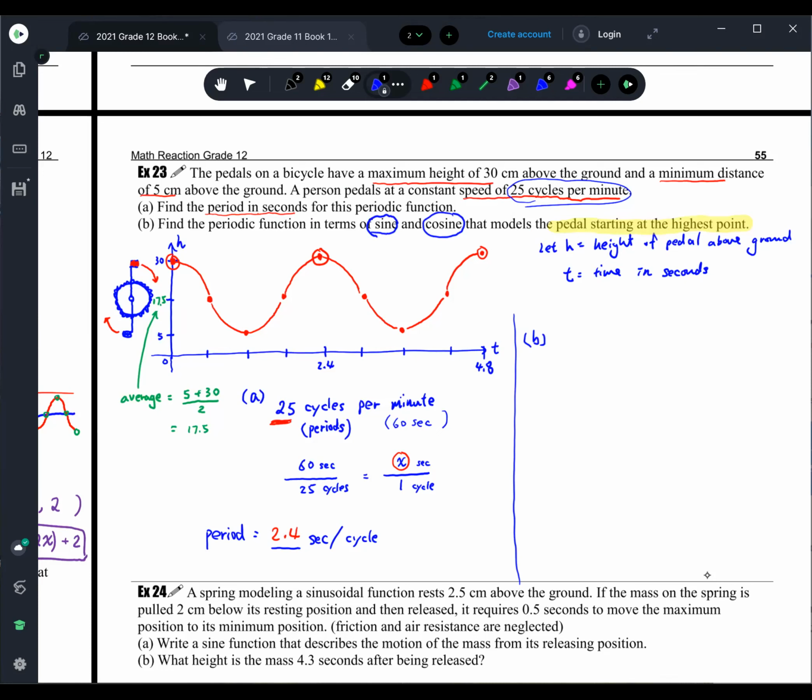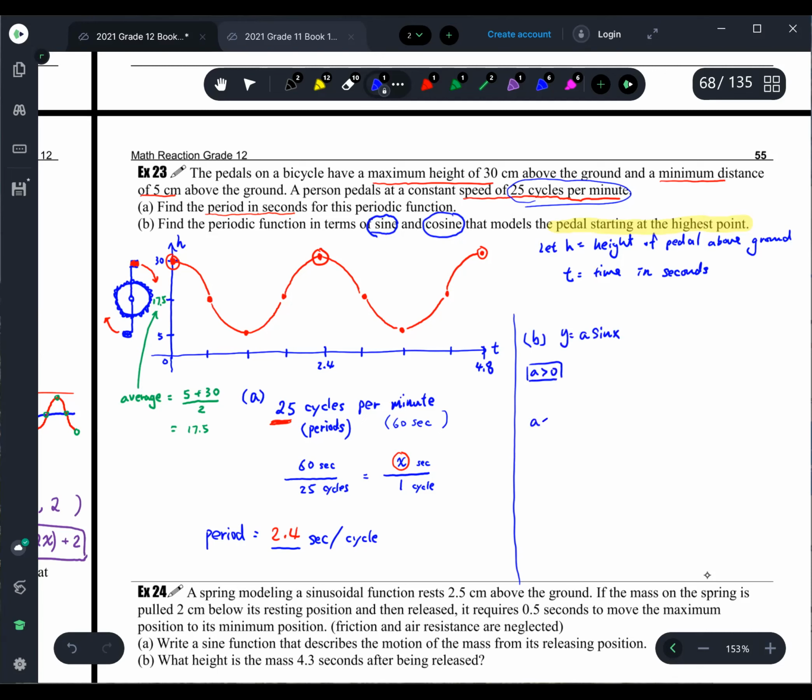For practice, I would like you to get 4 different ones, like in the homework. First is the sine, without reflection and with reflection.